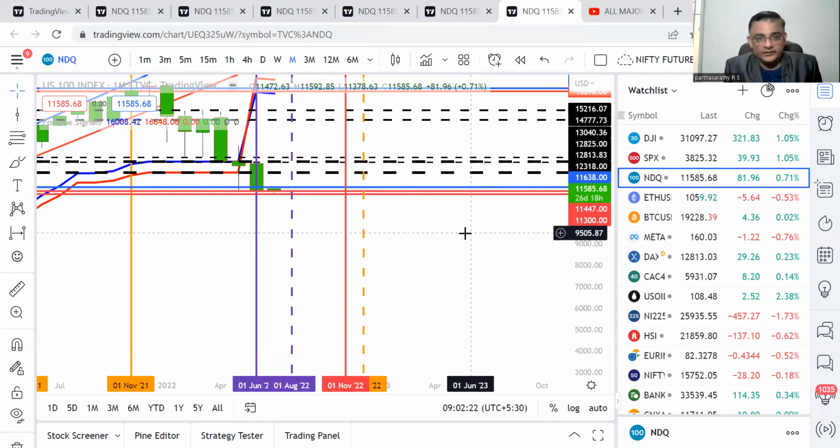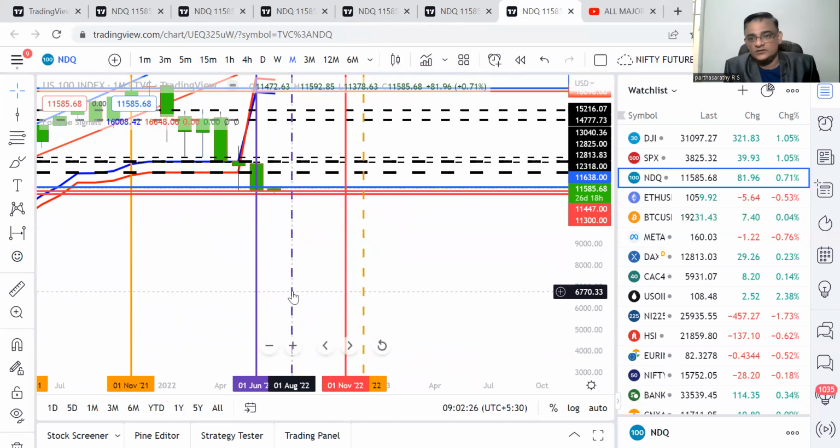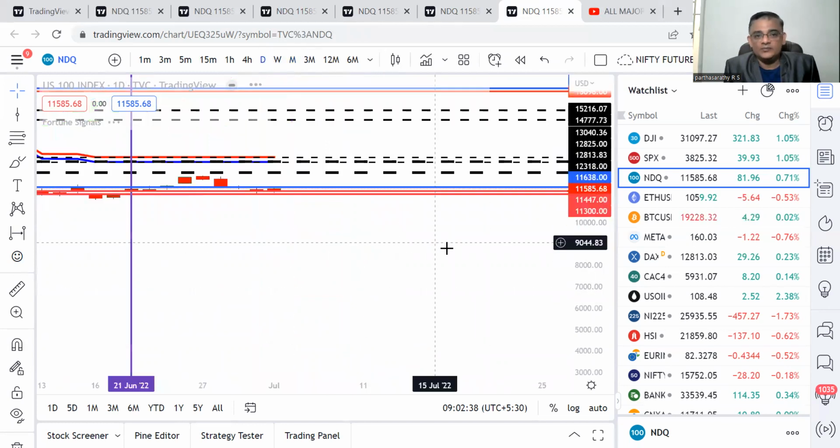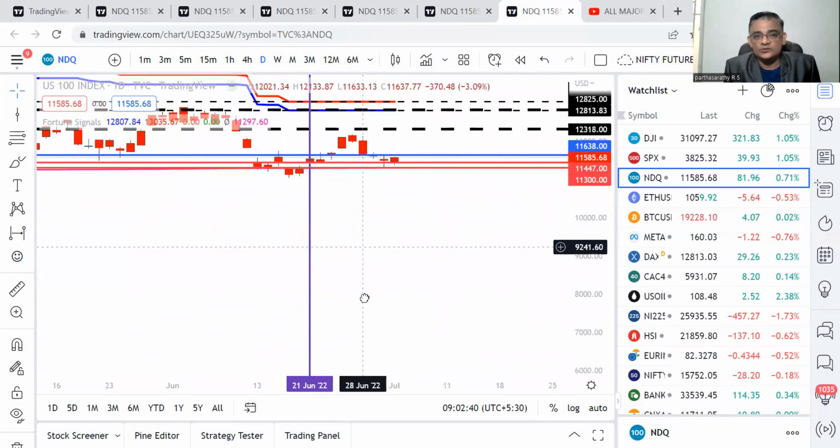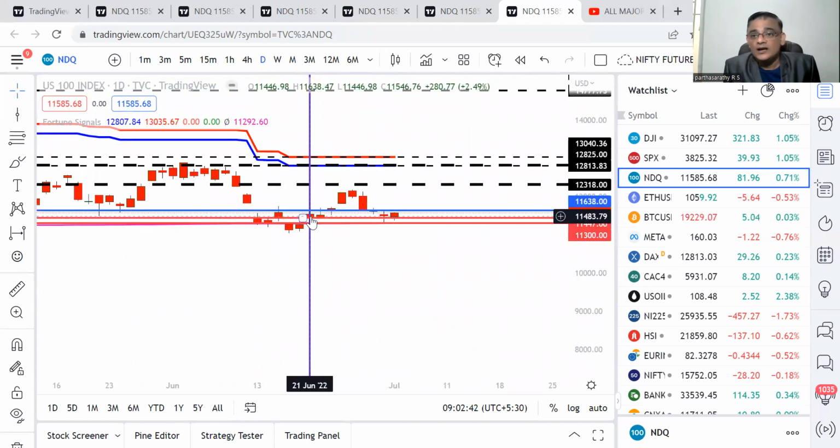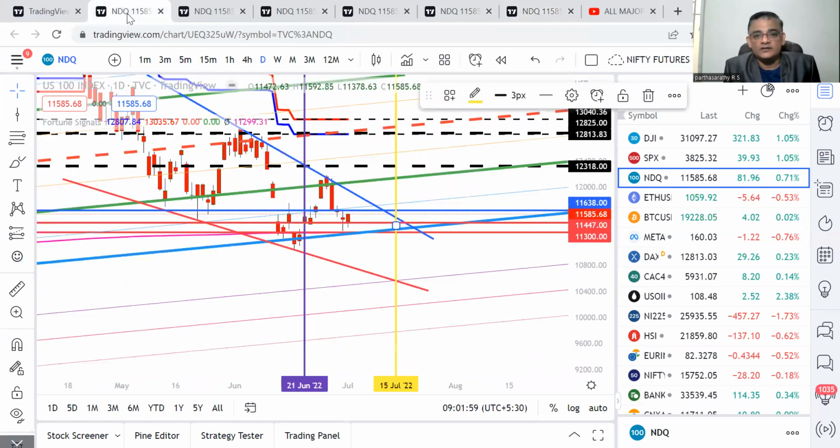Coming to weekly, this week, which is the August 1st week, and the December 1st week are very, very crucial weeks for Nasdaq.